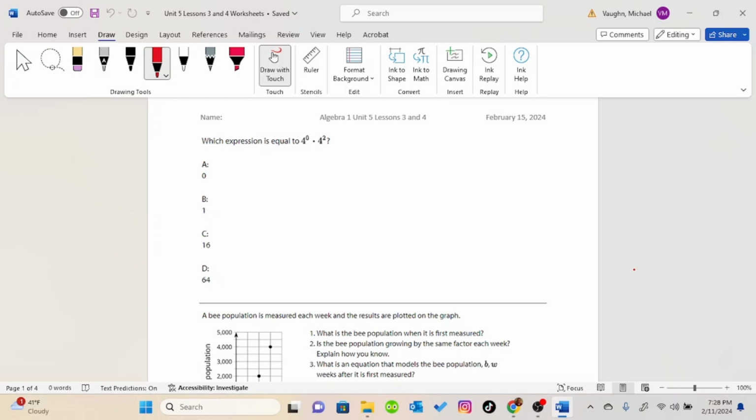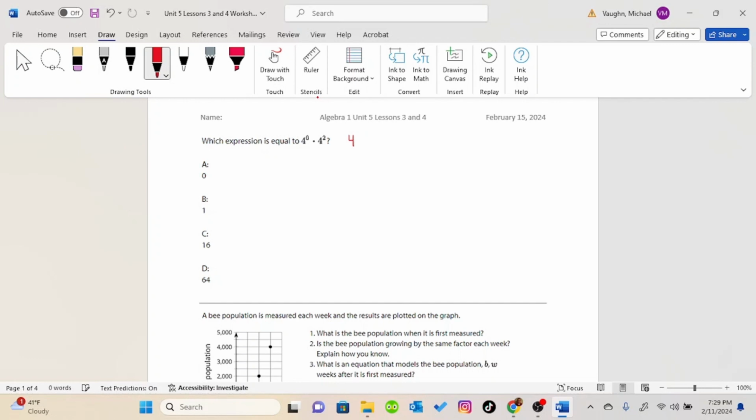Which expression is equal to 4 to the 0 power times 4 squared? What you need to know is that when we multiply the same base number, we add the exponents together.